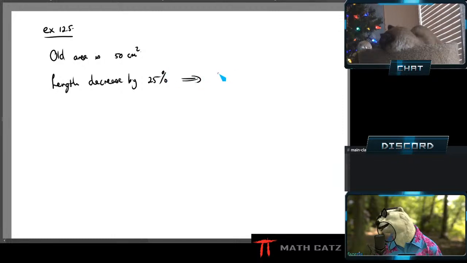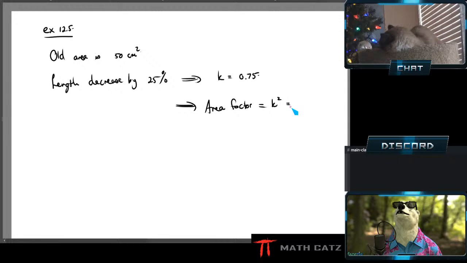That then tells me the scale factor, which I'll just always use k, is 0.75. I go down from my base 1. That then tells me that the area factor, that's just the name I use to tell these things apart in my understanding, is k squared.